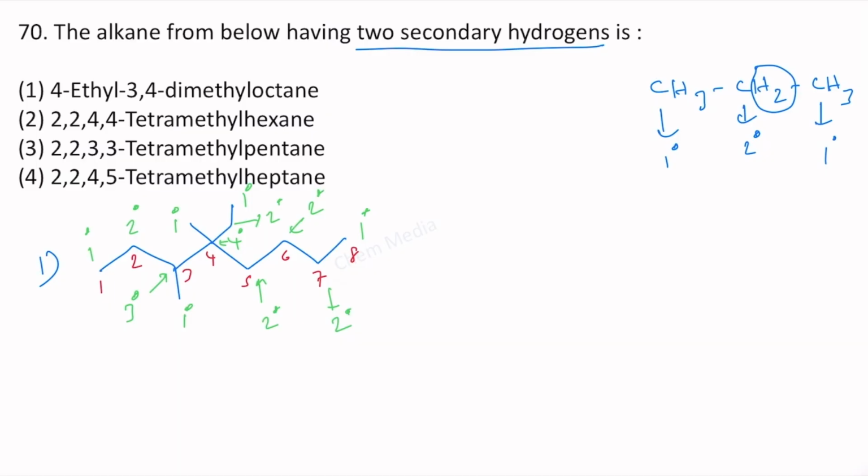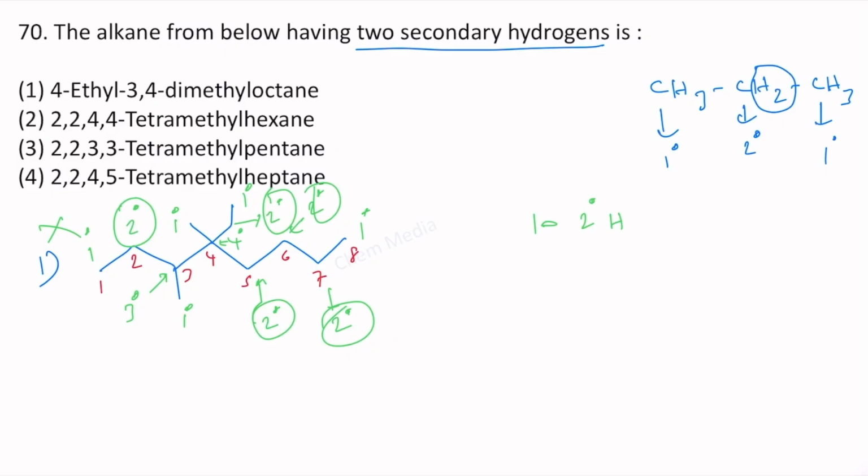So, we have how many secondary carbon atoms? We have 5 secondary carbon atoms in this case. That means we have 10 secondary hydrogens because we had 5 secondary carbon atoms. Therefore, in all those places we have 2 hydrogens. Therefore, this is not the correct answer.